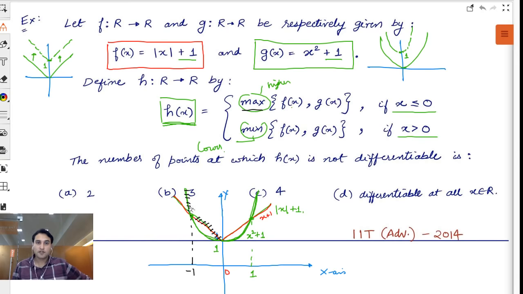So to the left of minus 1, your x square plus 1 was higher. After that, between red and green, the red one is higher. Now, to the right of y-axis, x greater than 0, now I want minimum. Now, when I go towards the right of 0, I want minimum. So, what is minimum? The green is minimum.